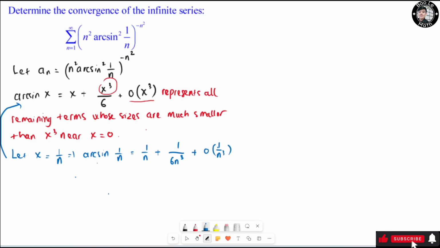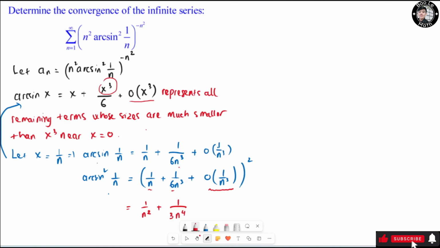Now we're going to square both sides, so arcsin squared of 1 over n equals this expression squared. Since the last term is much smaller, I just use the perfect square formula for these two terms. If I square this, it turns out to be 1 over n squared plus 2ab, which is 1 over 3n to the 4, plus b squared, which is o of 1 over n to the 4, right?